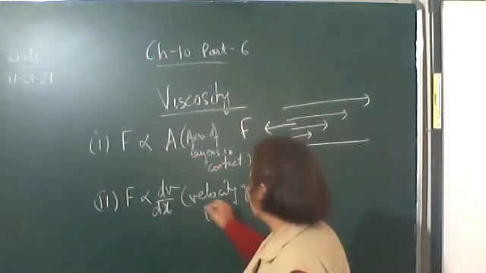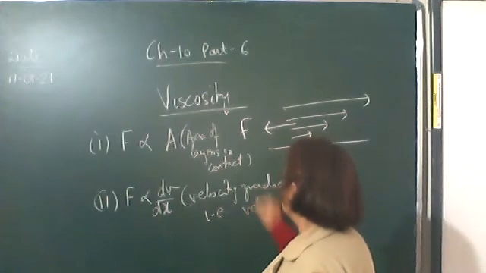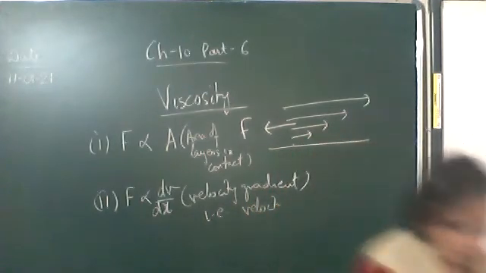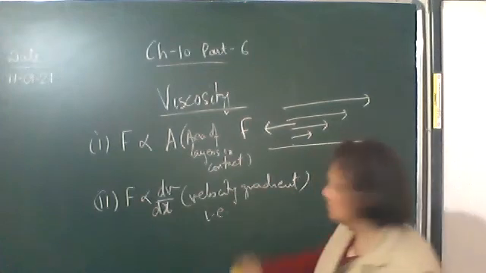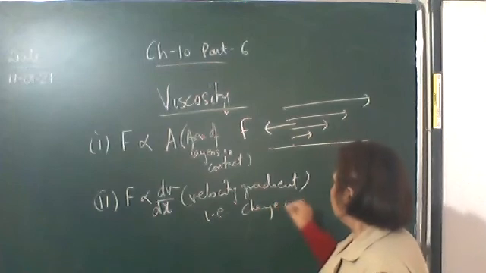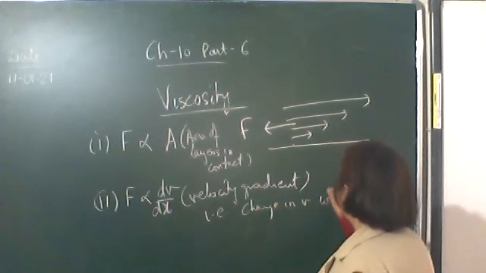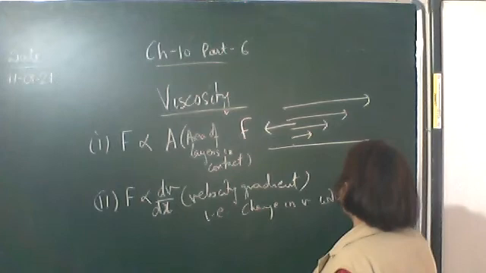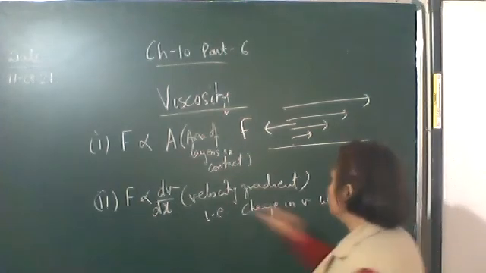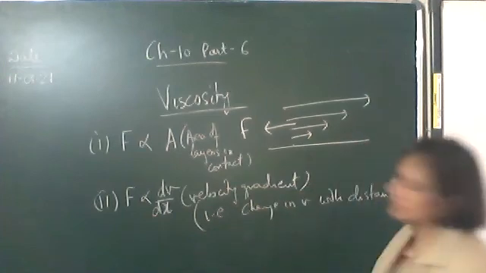So velocity gradient is the change in velocity with distance. Here dv is the change in velocity with the distance dx.